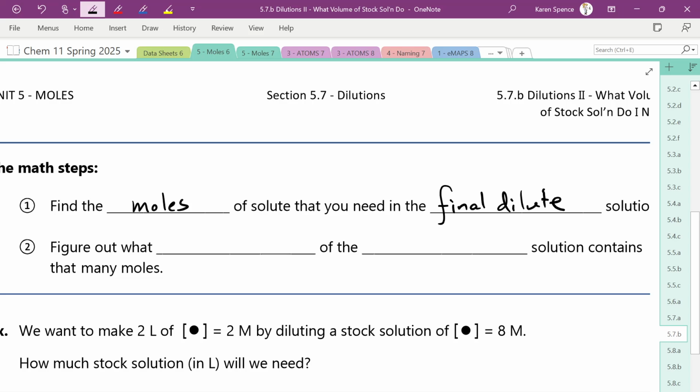And you will have the liters of the dilute solution, you will have the molarity of the dilute solution, and so you'll be able to calculate the moles, just like you did for the past problems. And then you figure out what volume, this is where it's different, of the stock solution contains that many moles.